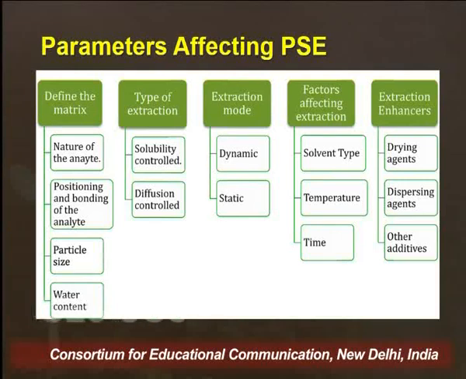But for our convenience, I have penned down certain parameters irrespective of their category, like temperature, pressure, solvent, addition of additive, solvent to feed ratio, composition of the sample, particle size, and the extraction duration. Now we will discuss these parameters in detail.